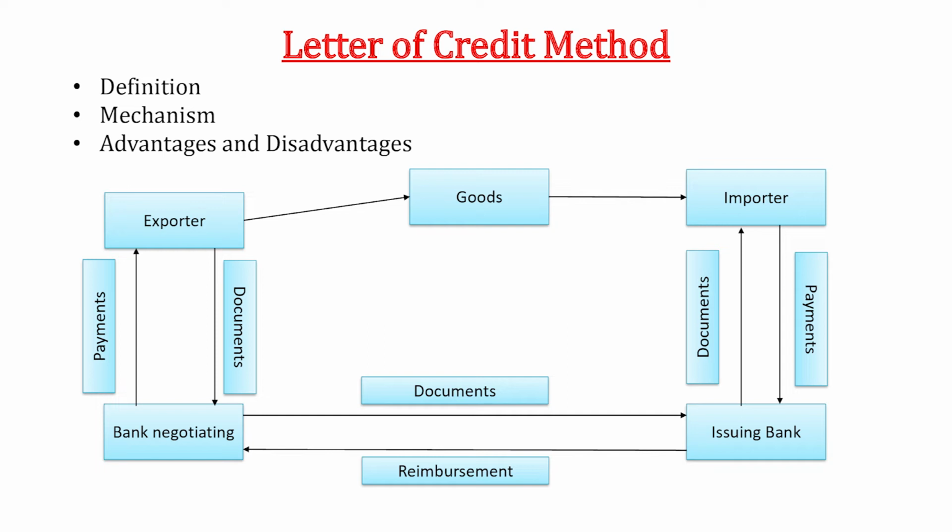So the importer will go to its bank, which is called the issuing bank. Normally, the issuing bank belongs to the country of the importer. And the quality of the letter of credit depends upon the standing of this issuing bank. In letter of credit, the issuing bank should be very strong.